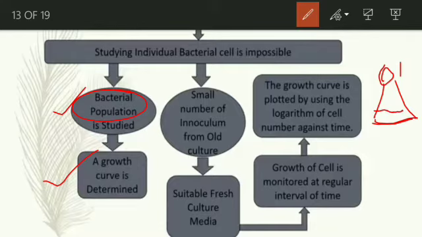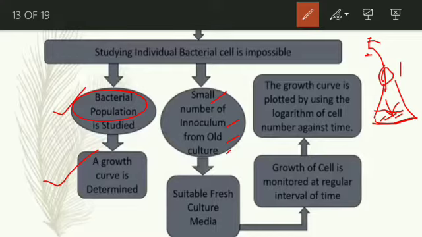Inside this flask I have, what is that one? Medium. And now what I am going to do is take a small inoculum from an old culture. I take a few bacteria from somewhere and put them into my new fresh culture medium. That is called inoculation.